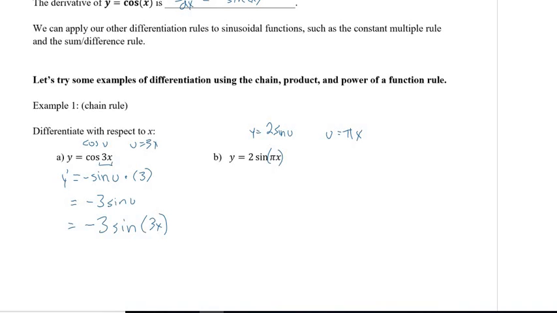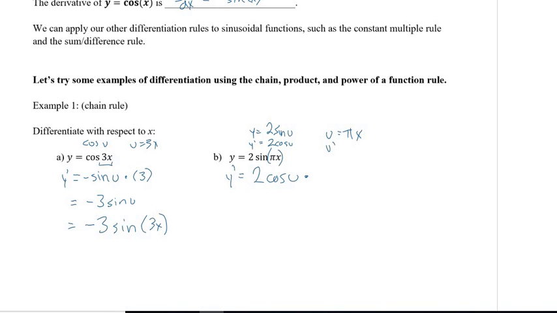So now that we have that, let's try and differentiate that. So y prime is going to be equal to, we take the derivative of the outside. So the derivative of 2 sine of u is going to be 2 times cosine of u. So that's going to be 2 cosine of u times the derivative of u.